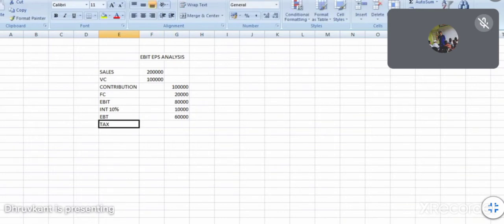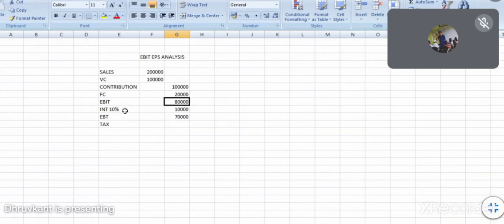Sorry, it would be 70,000, no? 80,000 minus 10,000. Contribution was 1 lakh, then we deducted 20,000 as fixed cost. The amount is 80,000, then we paid interest on the face value of 1 lakh. We are supposing that our debenture amount is 1 lakh.